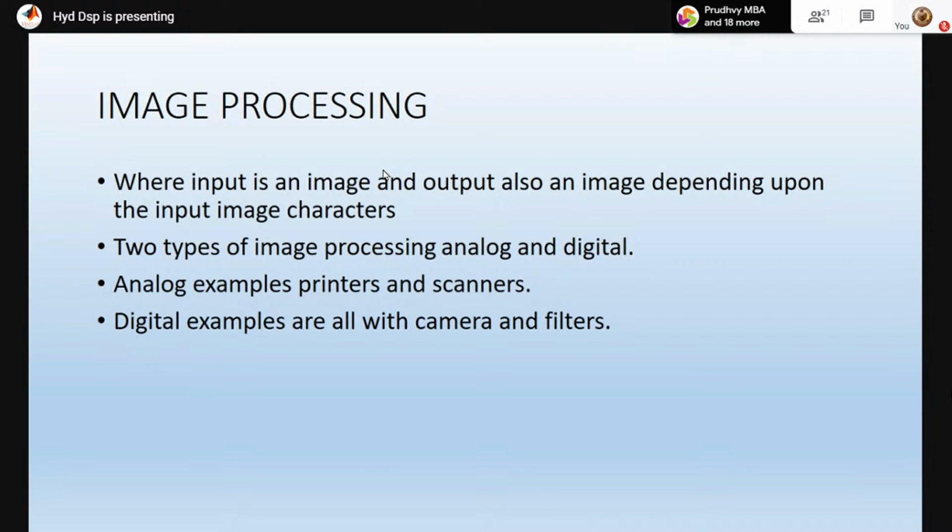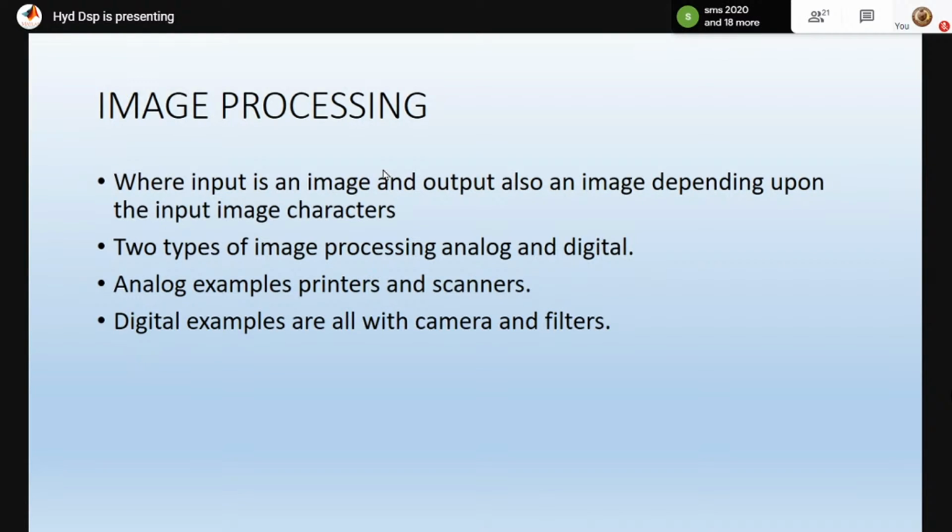Another type is also there in the image processing concept, that is analog image processing. Of course we are not going to work on analog image processing, but the information is that it works based upon one-dimensional continuous signals. The work of analog image processing is that whatever the input image characters are, as they are, without any disturbance, we get them in the output.